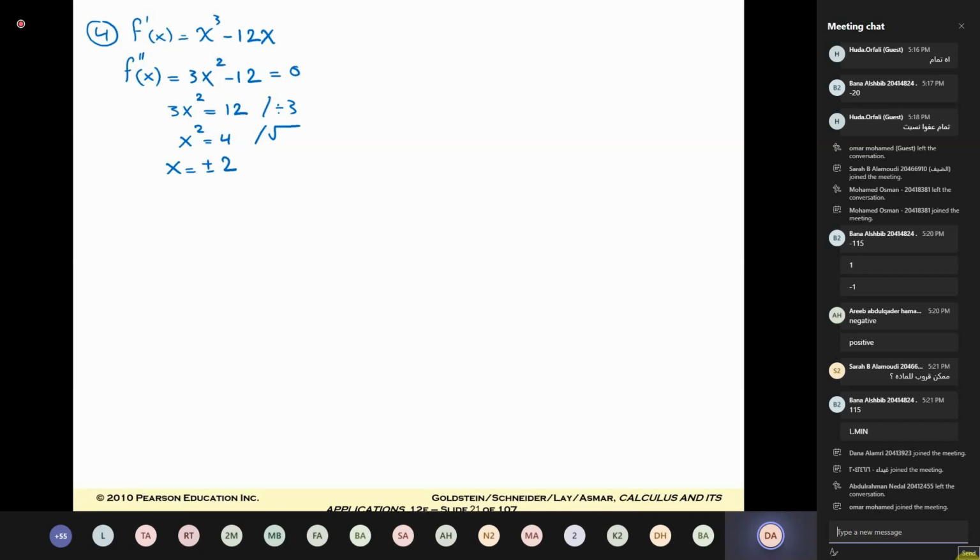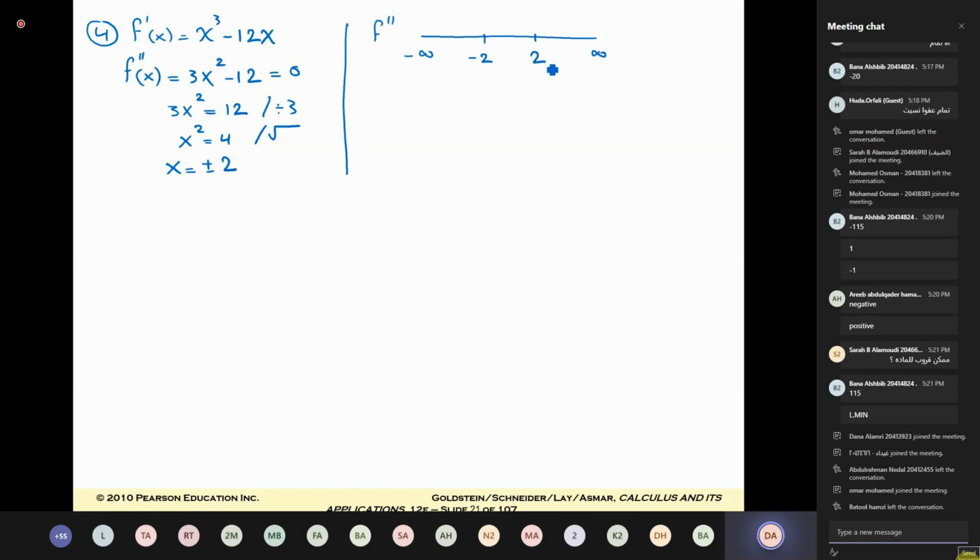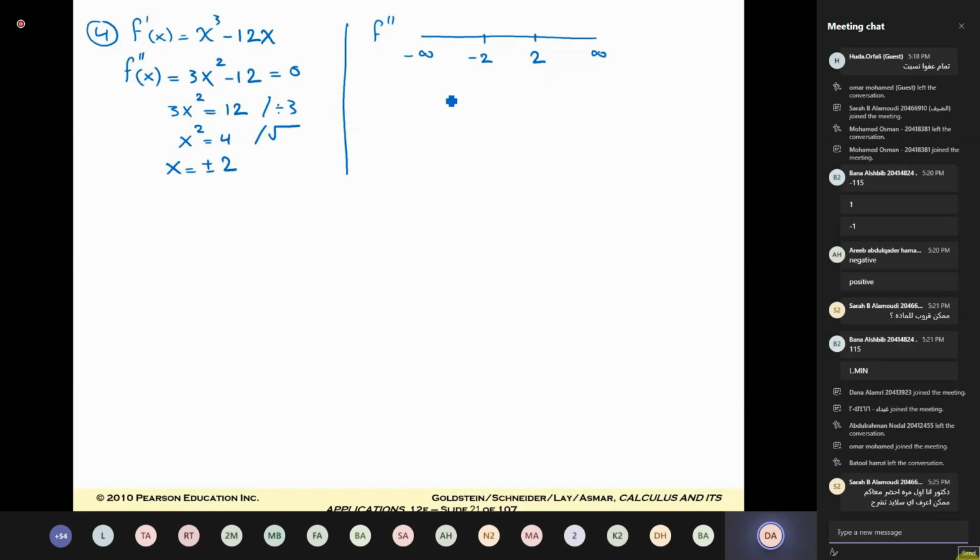Now f double prime from minus infinity to infinity, with negative 2 and positive 2, we can choose 3 points because we have 3 regions.